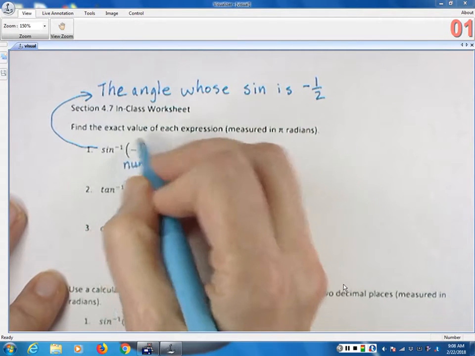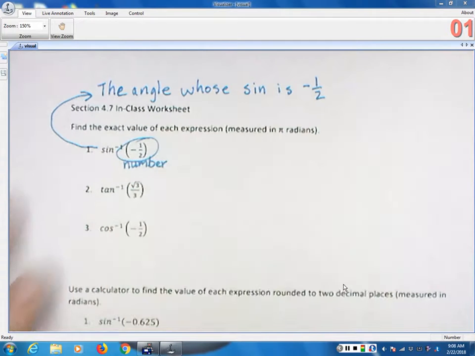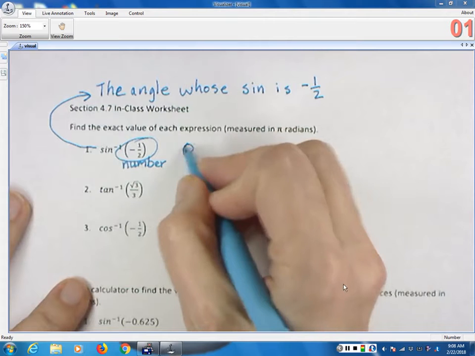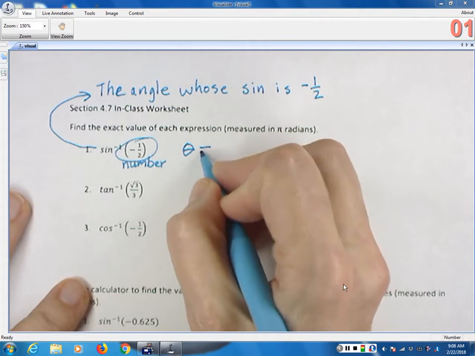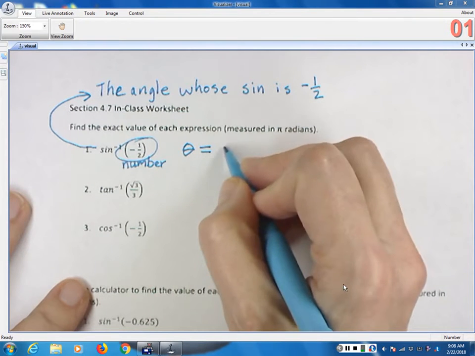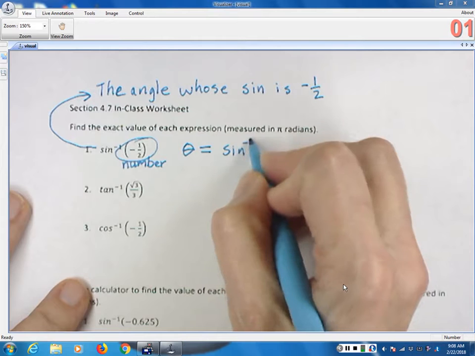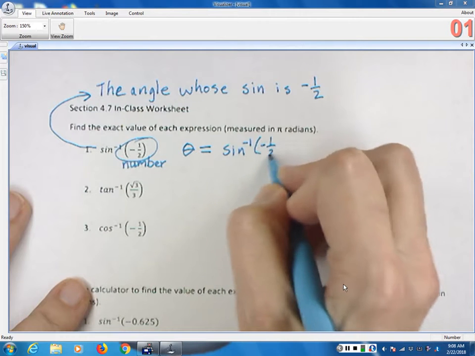This is a number. It's not an angle. So you've got to get it right between numbers and angles. So your first step is to write theta, that's an angle, equals inverse sine of -1/2.